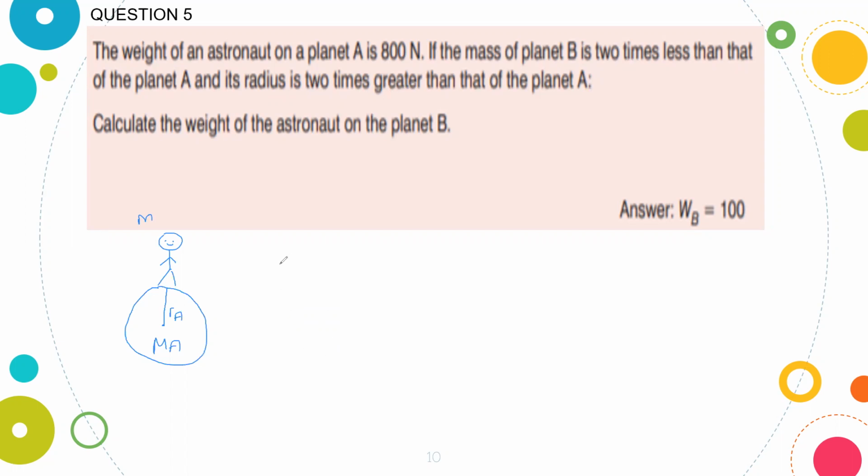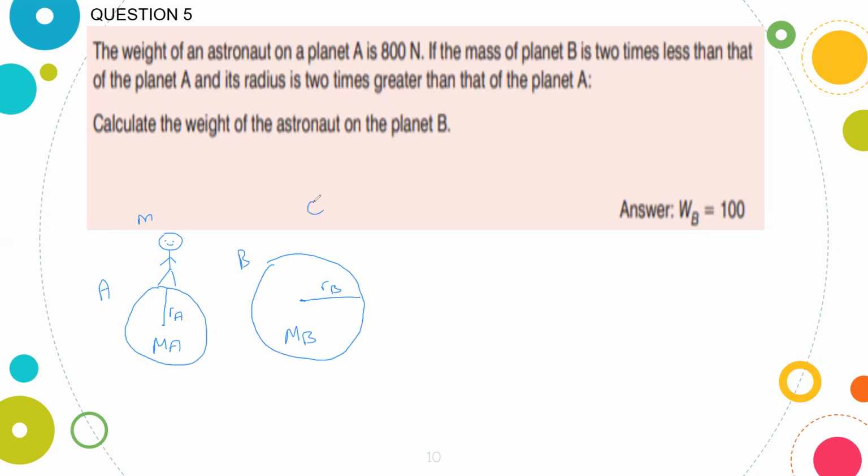So we are drawing a bigger one, because they said 2 times bigger, maybe not exactly 2, but it's fine. RB is here. And then we have MB, and this guy is coming from planet A to B.